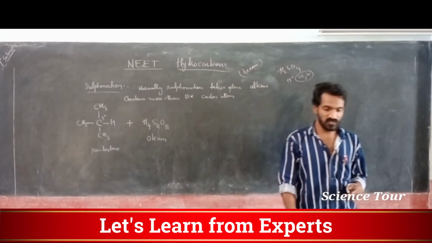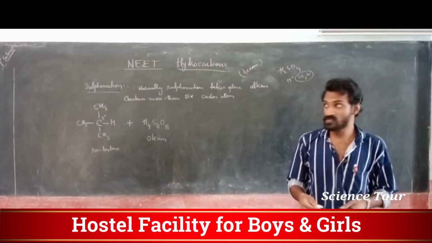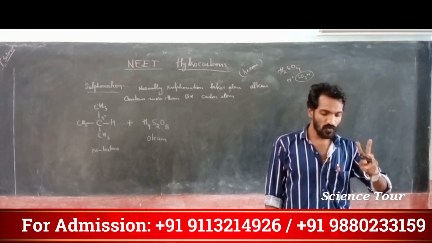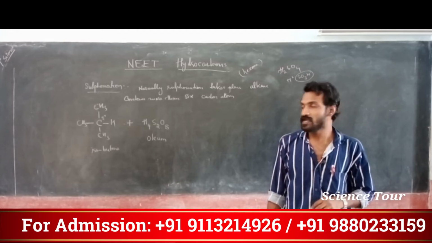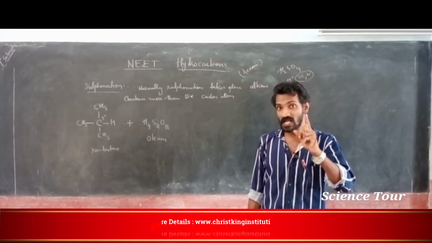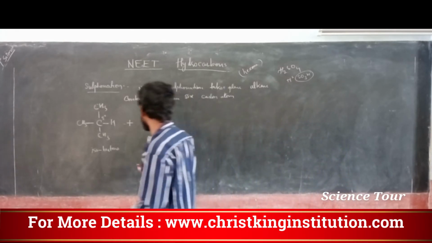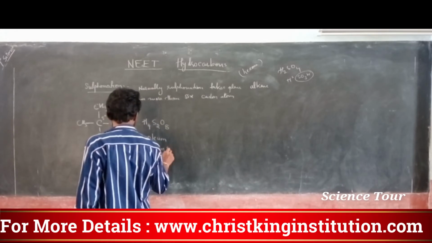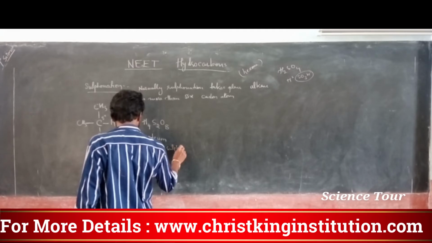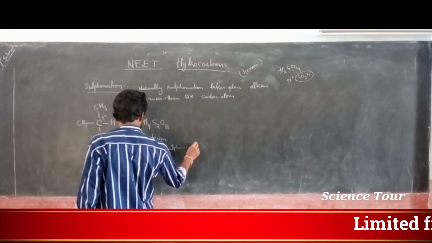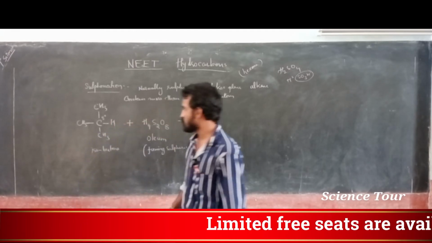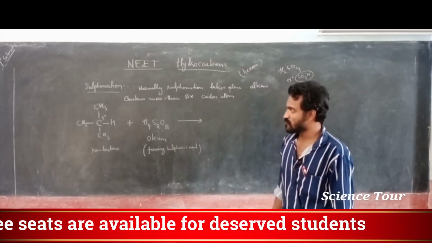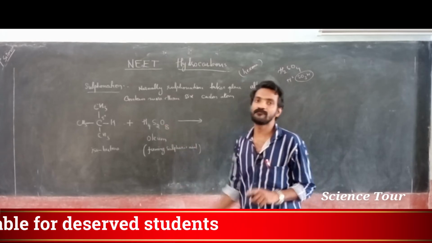Note down, H4S2O8 is called oleum, also called fuming sulfuric acid. Note down, my dear students, this point is very important. If it contains 4 carbon, it will undergo sulfonation in the presence of oleum.